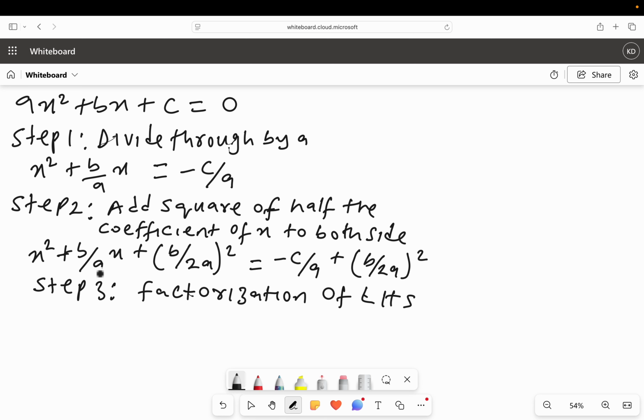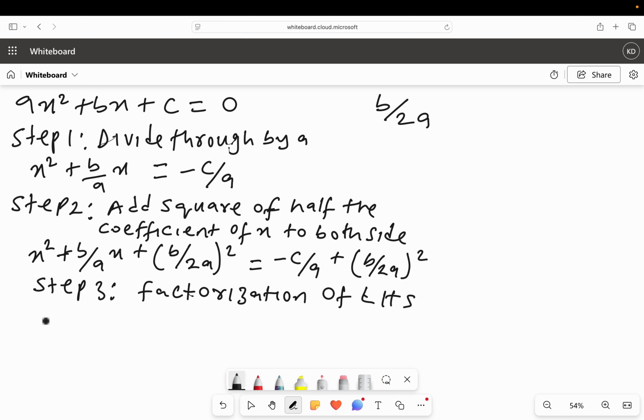So step 3 is just the factorization of the left hand side, and in order to do that I need to find two terms that if I add will give me the coefficient of x, and if I multiply will give me the constant term in the left hand side, and that term will just be b over 2a, because b over 2a plus b over 2a will give me b over a, and b over 2a times b over 2a will just be b over 2a squared.